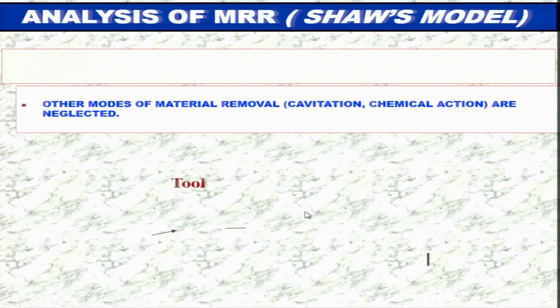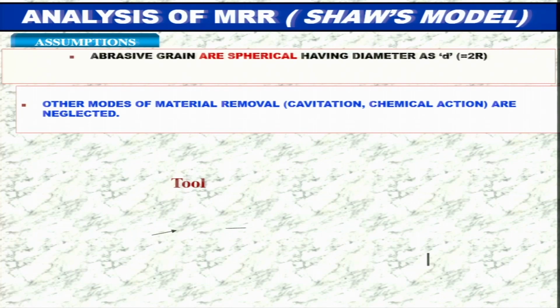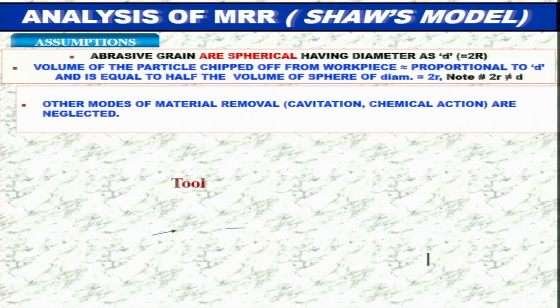Analysis of material removal rate. This was proposed by the M.C. Shaw model. Assumptions were made. Abrasive grains or abrasive particles are spherical, having diameter as small d, that is equal to 2r capital.